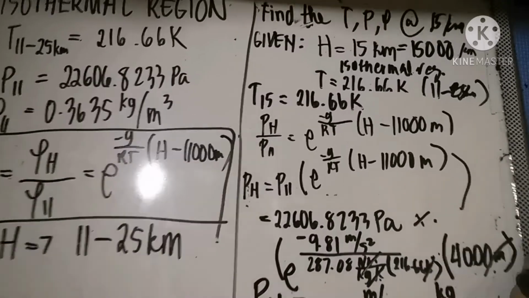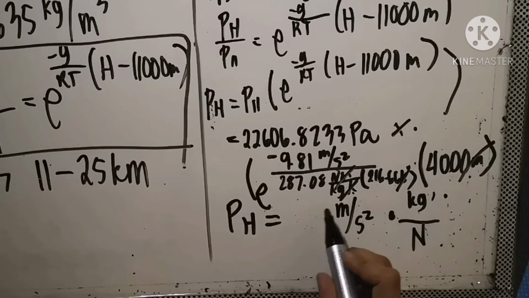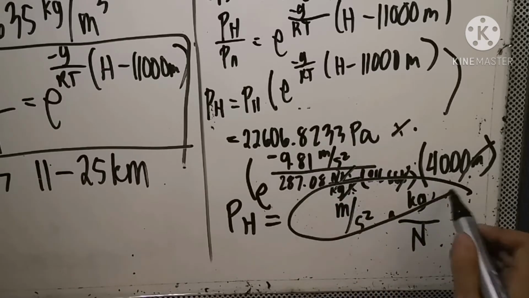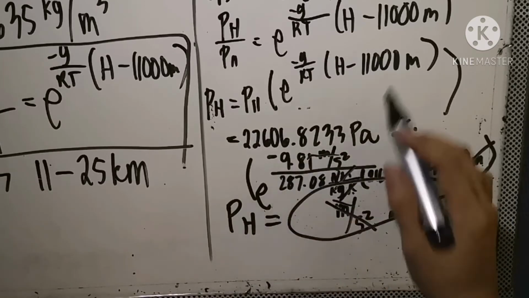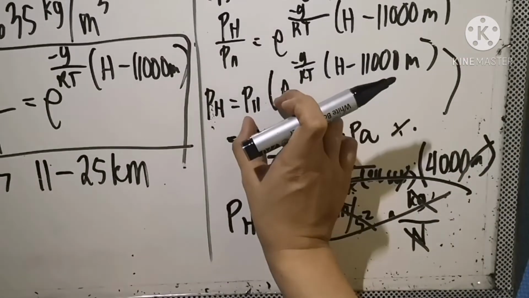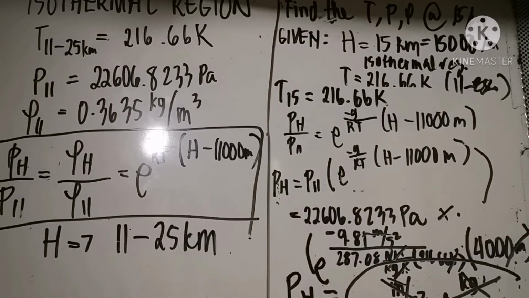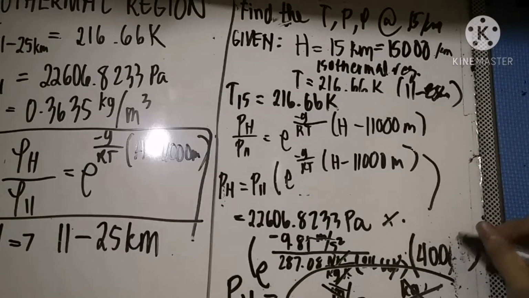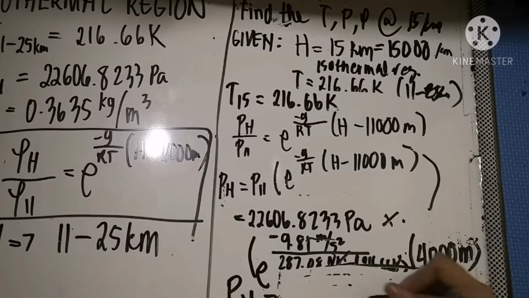Kg times meter per second squared is equal to Newton, so magka-cancel. Therefore, wala ka ng unit here sa part na to. Ang magiging unit mo is kung anong unit na ito, which is Pascal. Kailangan pala isolve. Pascal.